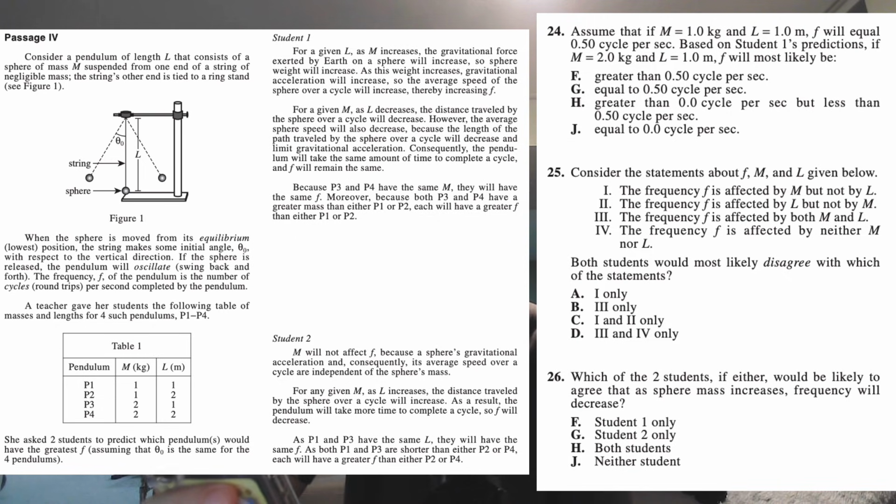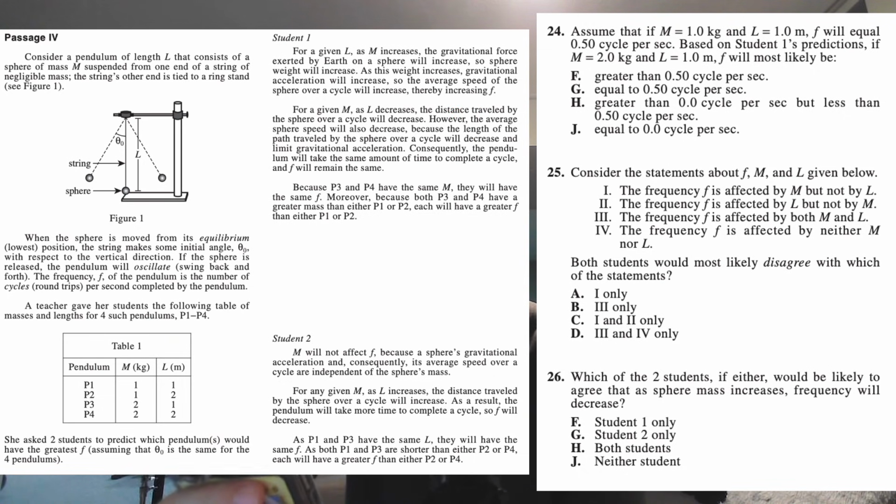So we just have to figure out what happens according to student 1 when mass is increasing, right? And we deduced that earlier in one of the earlier problems. If we go back to student 1, it says, for a given L, as mass increases, the gravitational force also increases. That means the weight increases and acceleration will increase, and that results in increasing F, right?